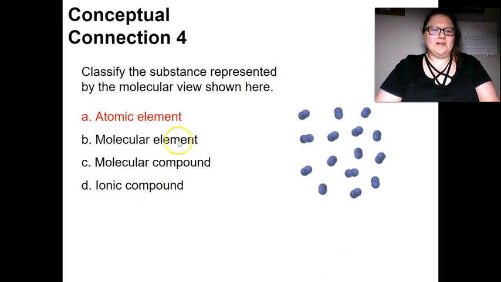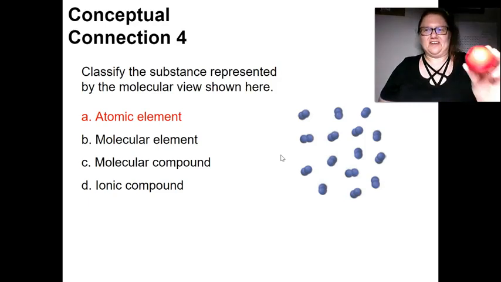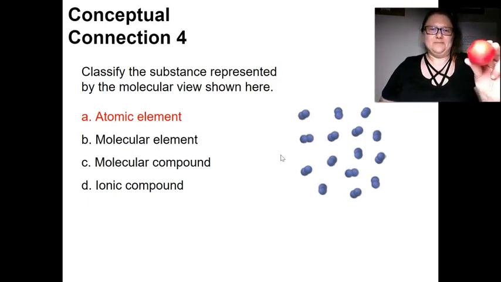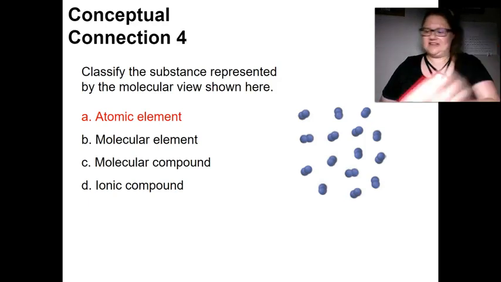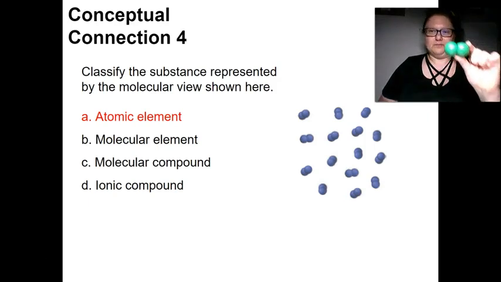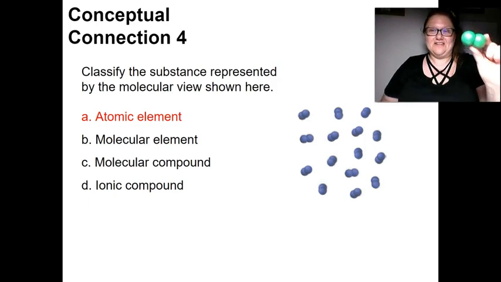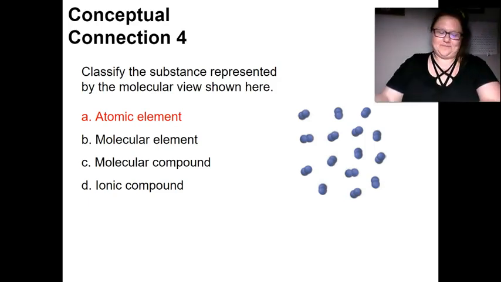It should be molecular element. Can you say why? All right, so atomic again refers to singular, one atom, where here we clearly see 2 spheres that are stuck together. And so that is going to be molecular, sorry. So this is a molecular element. The answer here is B, not A.